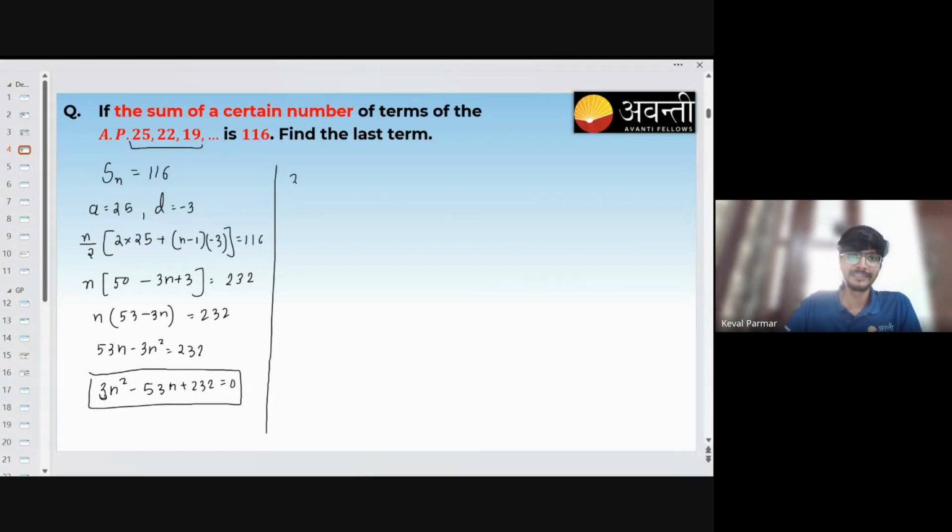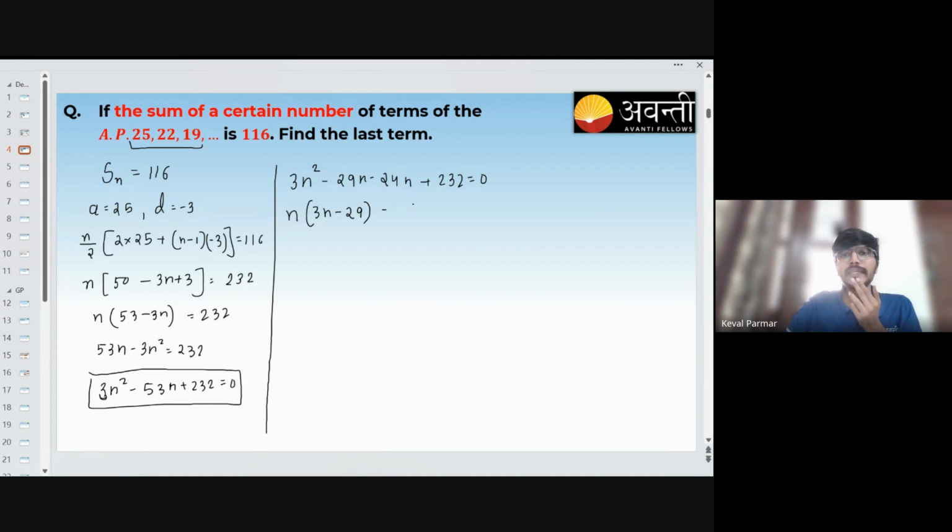So this will be 3n square minus 29n minus 24n plus 232 is equal to 0. We cannot take anything common except n. So I'll get 3n minus 29 minus here, I think 3.